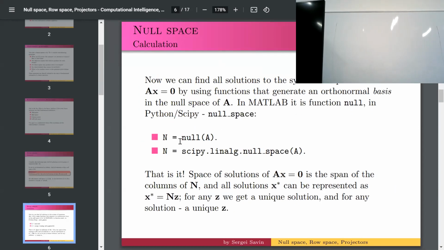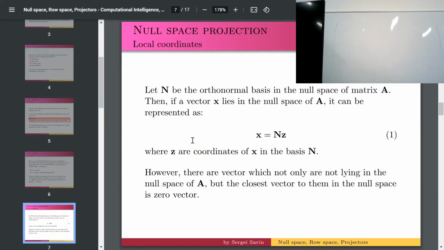Then we recognized that an orthogonal basis of the null space can be computed by a single operation in major languages. It is based on SVD decomposition. Then we recognized that any vector in the null space can be represented by coordinates in this basis, basically the way expression 1 is written.